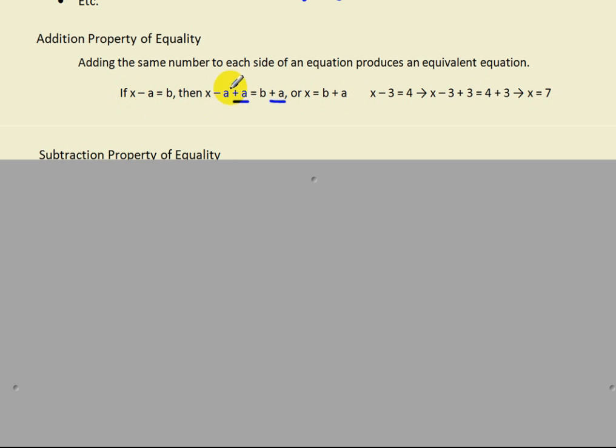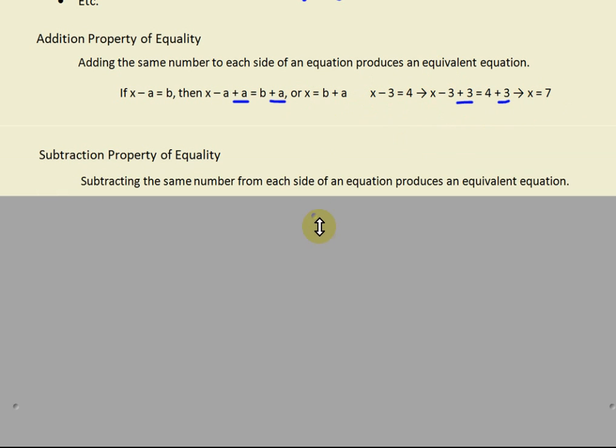And the beauty of this now is this simplifies, because when we take x minus a plus a, we get x by itself, which is generally going to be our goal. And substituting some values here, x minus 3 equals 4. We can undo that operation by adding 3 to each side. So remember, you have to do that to each side, and we end up with x equals 7.